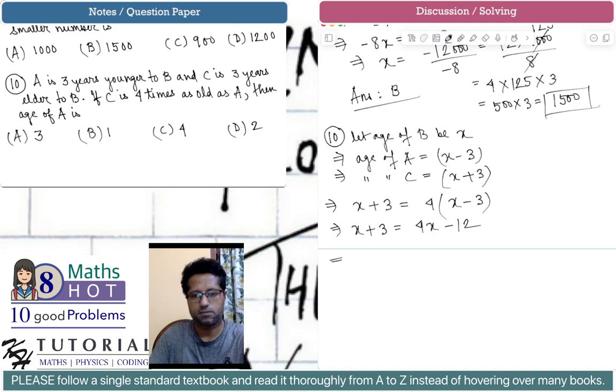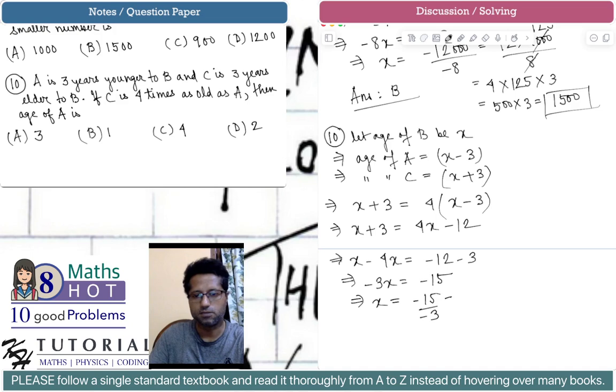This implies x minus 4x is equal to minus 12 minus 3. This implies minus 3x is equal to minus 15. This implies x is equal to minus 15 by minus 3, that is 5.